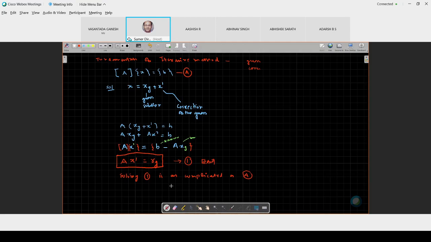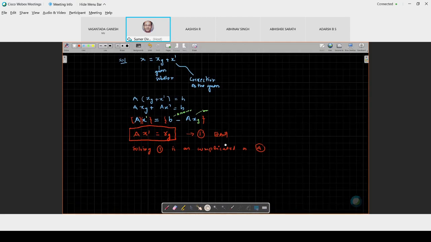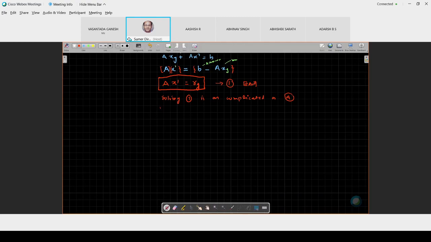So what people do in iterative methods is that instead of using A, which is the coefficient matrix, we use an A approximation.